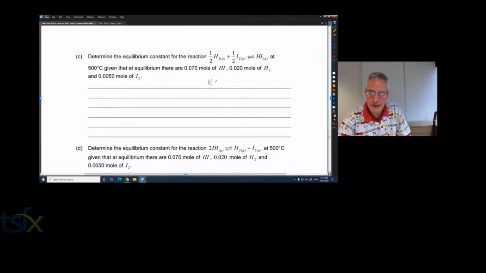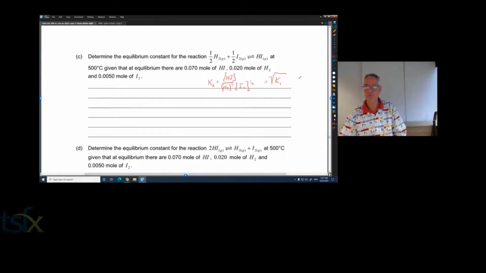So the K for this expression, so this is K2, is going to be HI on H2 to the power half, I2 to the power half. Getting handy with this? Okay, that is my initial one, square rooted.